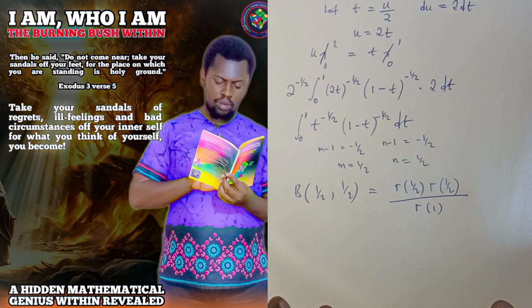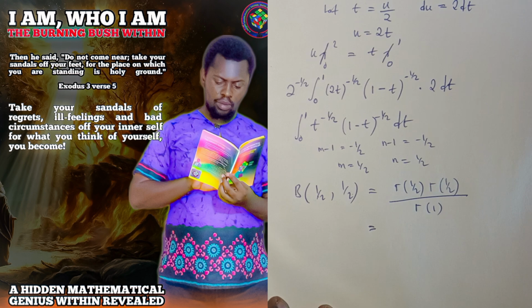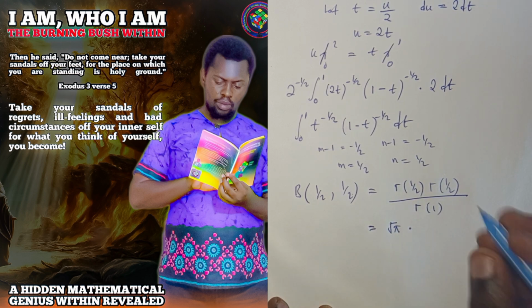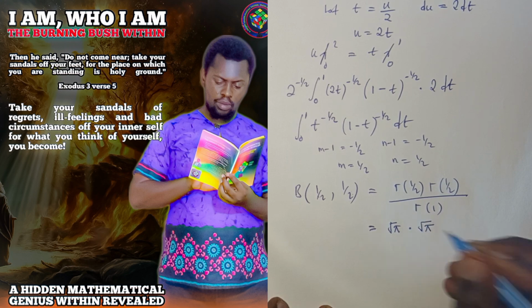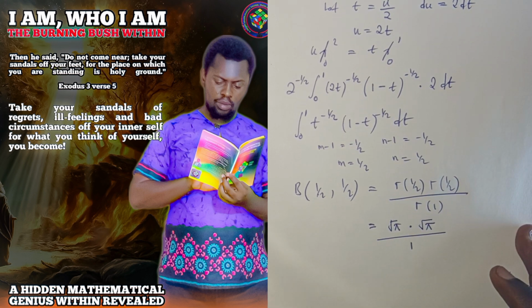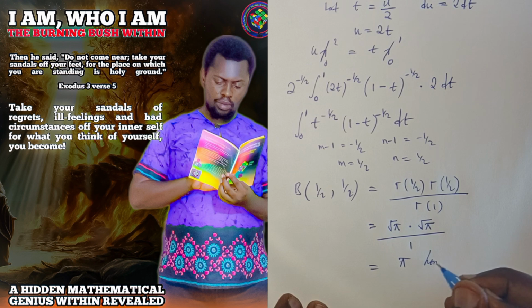I believe you remember that gamma of 1 over 2 is just the square root of pi. So this is square root of pi multiplied by square root of pi, over gamma of 1, which is 1. Square root of pi times square root of pi gives just pi. So this is equal to pi. Hence, shown.